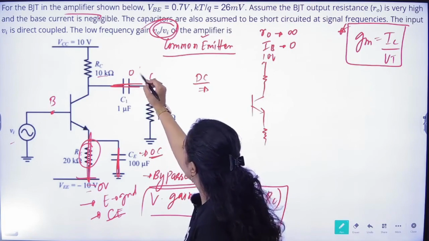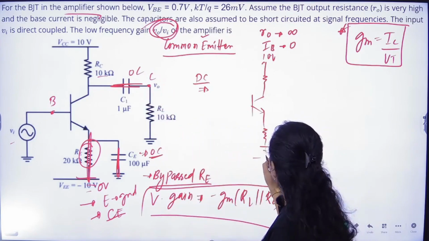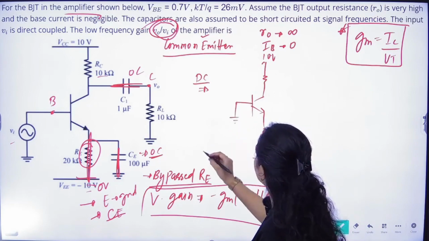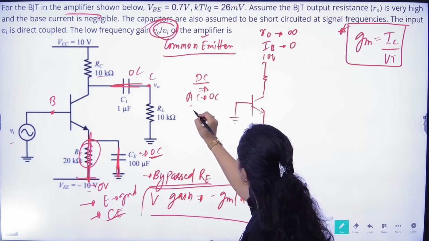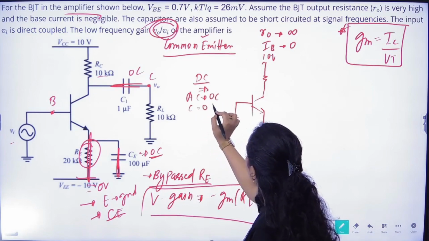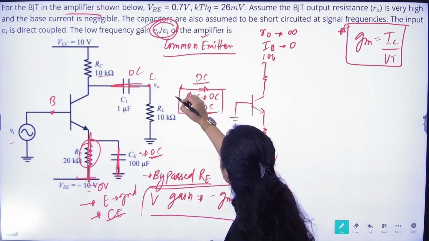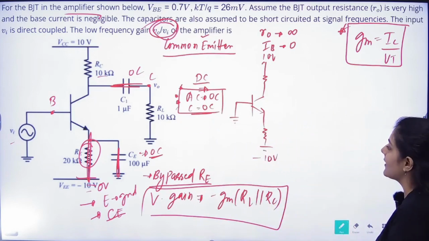So this will also be open circuited rather than short circuit. Here it is given 10 and this is given to ground. In DC, the capacitors will be open circuit. This is the circuit change we have to do when we are doing the DC analysis.